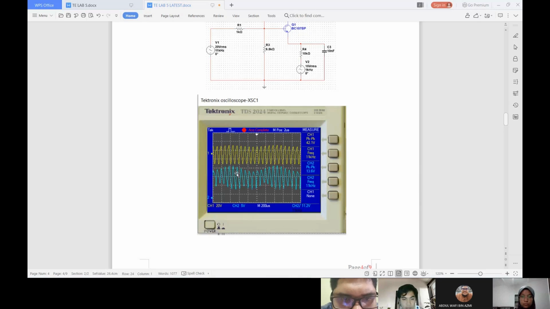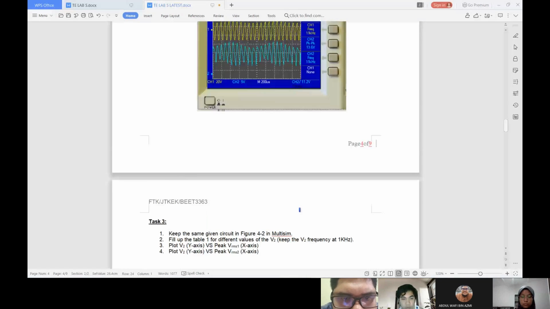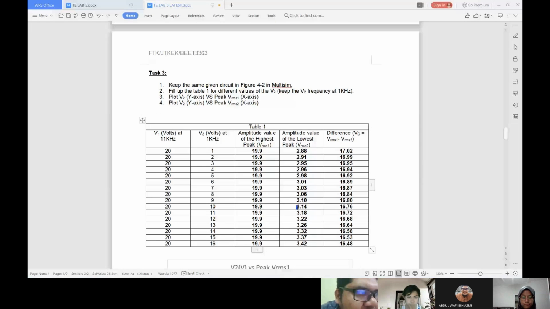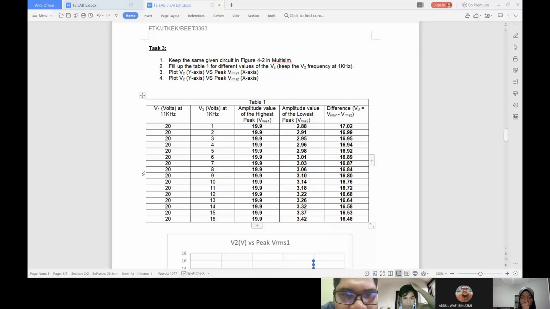So the next one, task 3, I will pass to Abdul Wafi. Alright, thanks. Now in task 3, first we must construct the circuit using figure 4.2, which has two sources. After we construct the circuit, we must change the value of V2, which is in source 2.